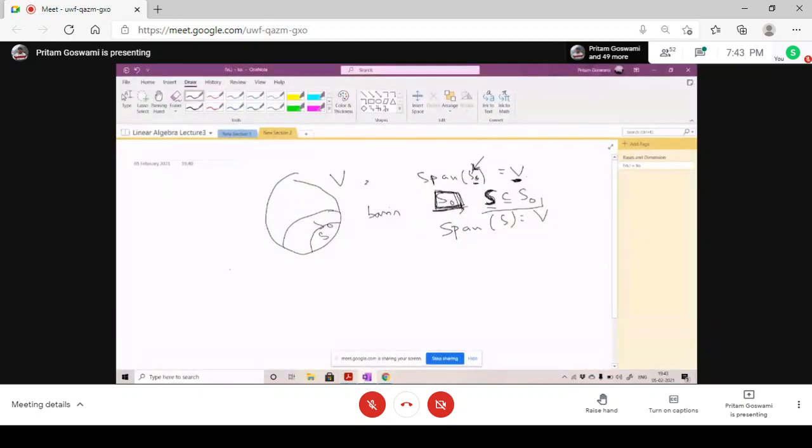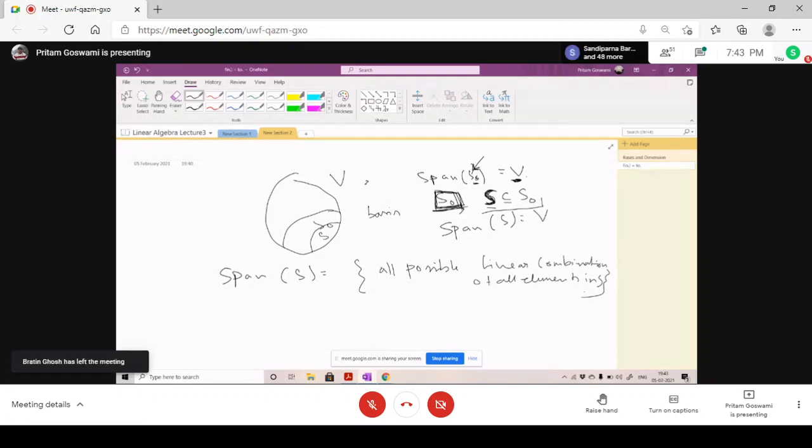Spanning means the span of a set S is all possible linear combinations of all elements in S. This is the span of S. In the previous class, I had shown that it is also a subspace of the whole vector space V. Clear?